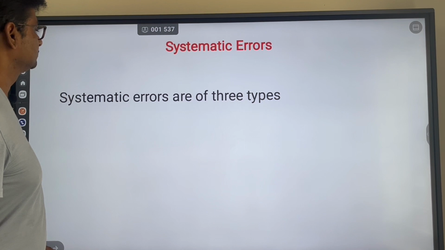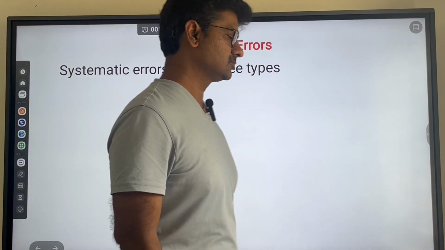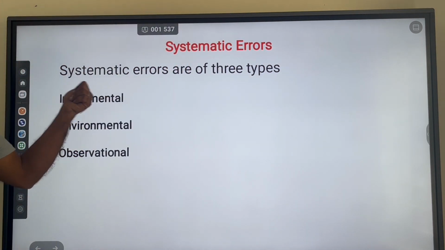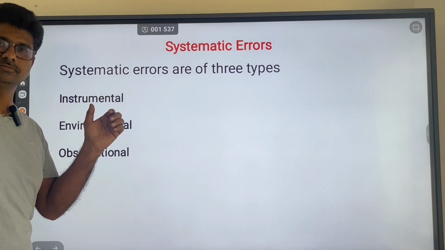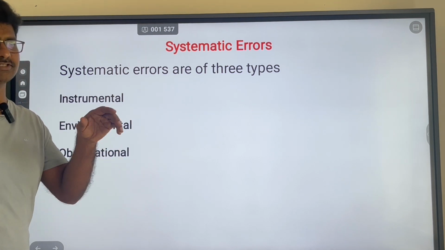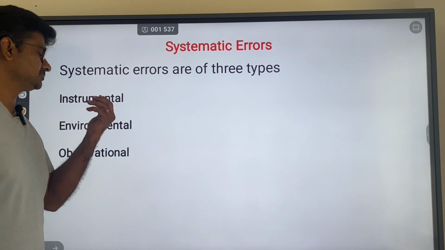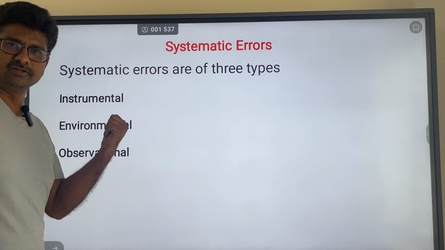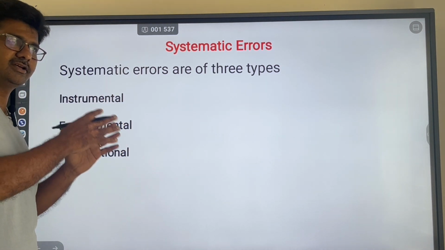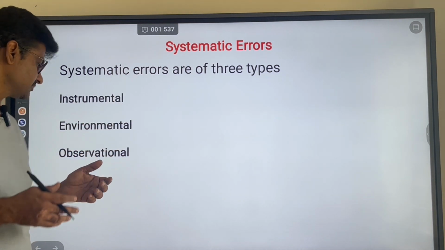Systematic errors. Systematic errors are of three types. So what are they? Instrument: if the measuring instrument itself has a problem, say some problem with the spring or with a knob, or whatever parts are involved in the instrument, then the error is an instrumental error, which comes under systematic errors.